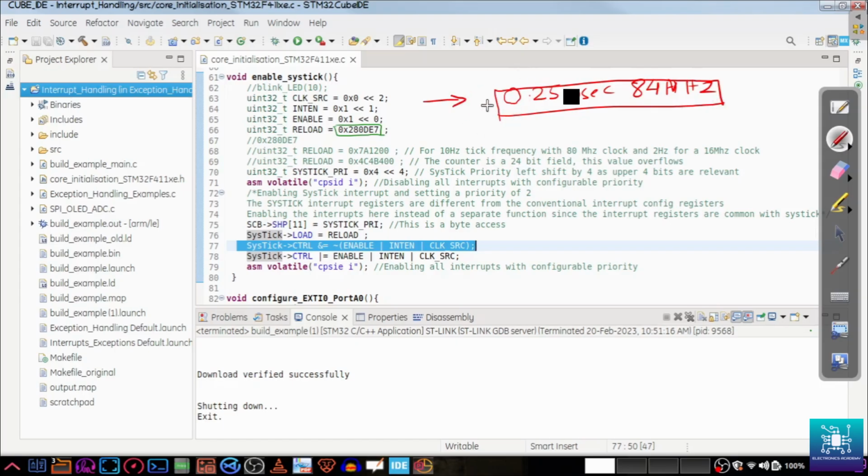Now, I wasn't aware of that, and when I started the code, I actually made it a 1 here. Okay, and later on I made it a 0 here.